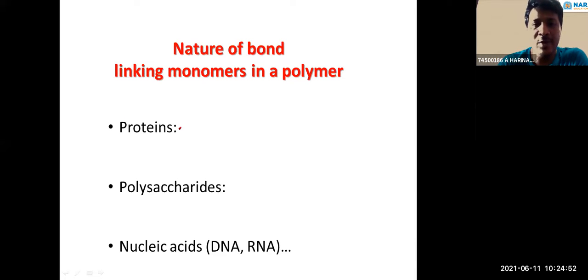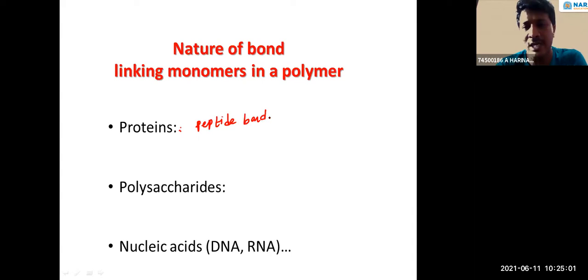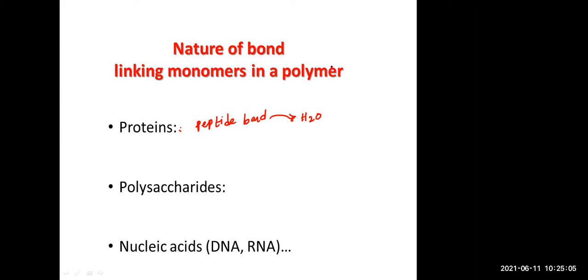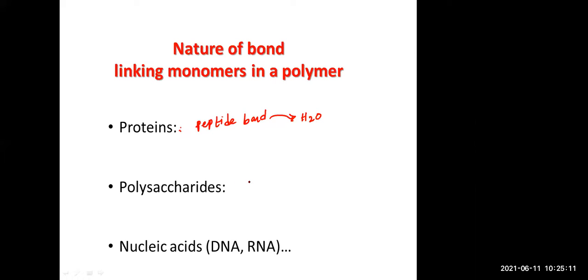Next, what type of bond is present in protein? The peptide bond is the main one. The peptide bond is formed due to the elimination of a water molecule. What is this process? Dehydration, right? For polysaccharides, what is the bond? Glycosidic bond.